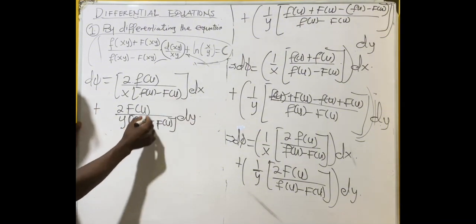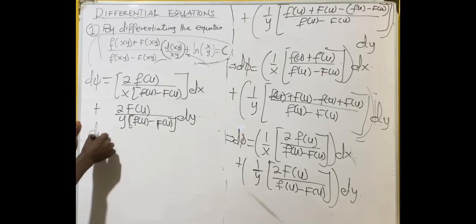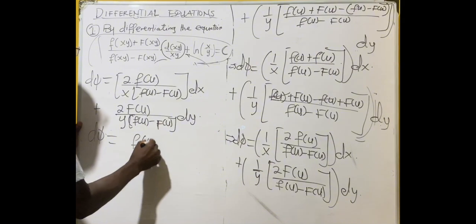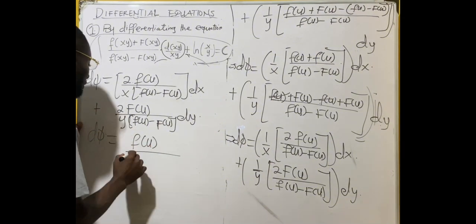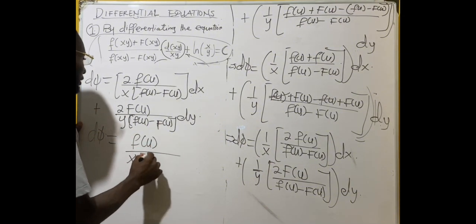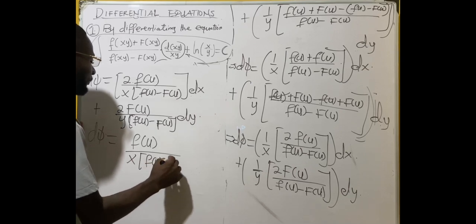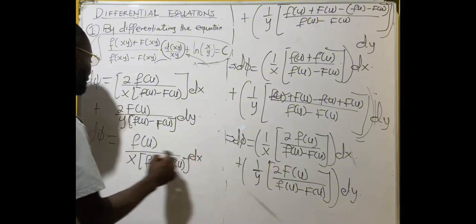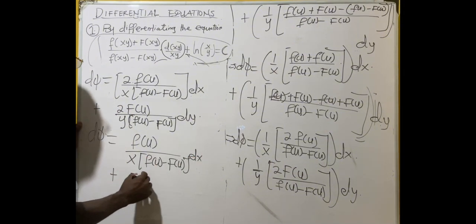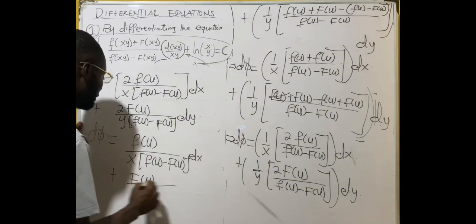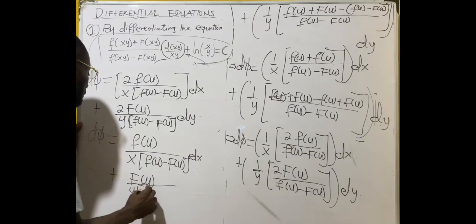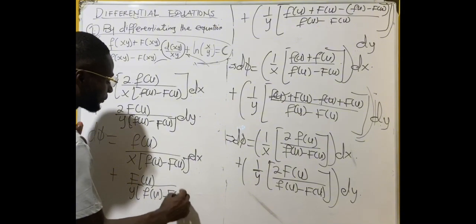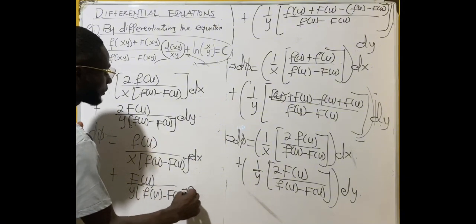When we do that, we're going to have our total differential equal to small f of u over x into small f of u minus big F of u, dx, plus big F of u over y into small f of u minus big F of u, times dy.